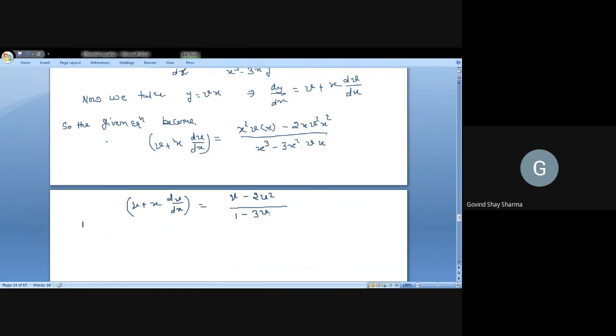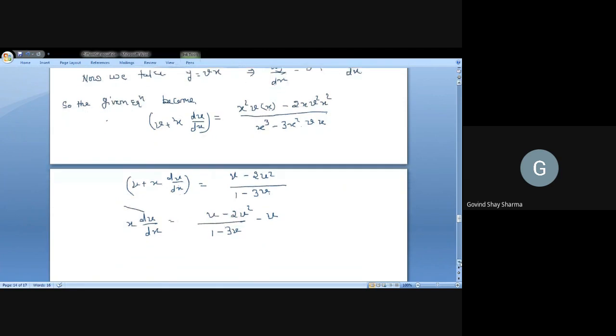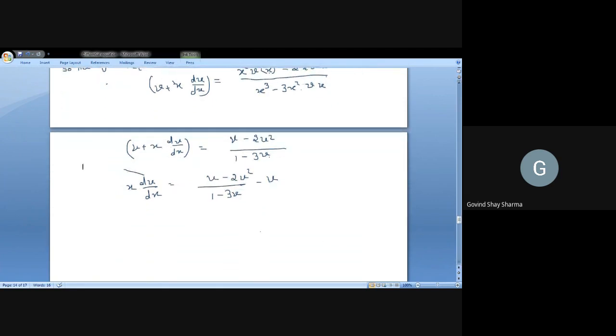Now x dv/dx = (v − 2v²)/(1 − 3v) − v. Now solve this: v − 2v² − v + 3v² upon 1 − 3v.